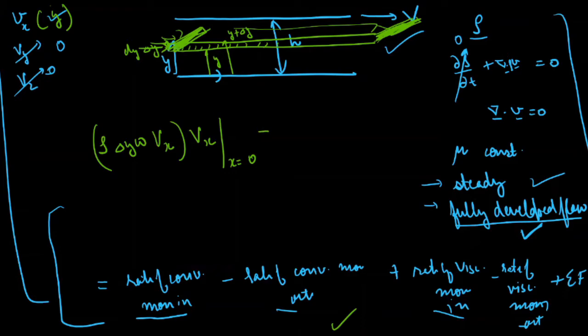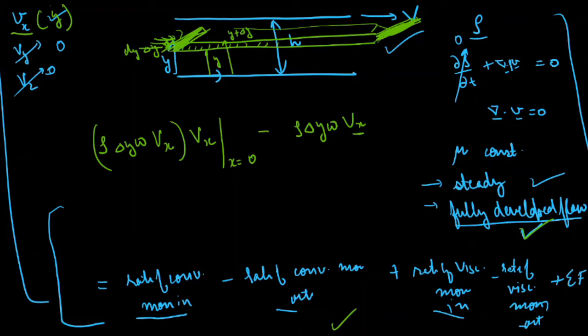And now we go to the other end where the convective momentum is coming out. Again the mass flow rate is delta y w rho Vx. Now this Vx is the same as this Vx. This is because we know that if we are choosing a differential element dy, Vx is not changing in the x direction because we have a fully developed flow.